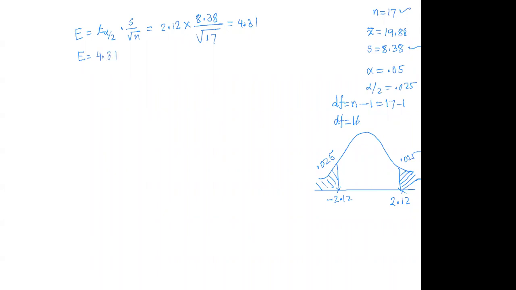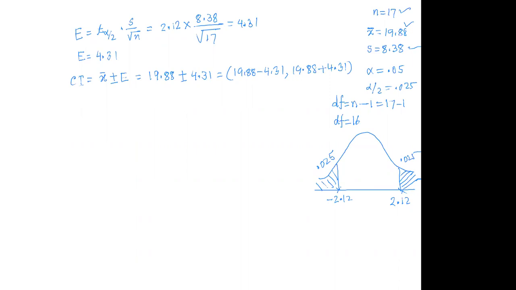So your margin of error is 4.31. Then your confidence interval is going to be equal to X bar plus or minus margin of error. X bar is 19.88 plus or minus 4.31, which is going to give you 19.88 minus 4.31, comma, 19.88 plus 4.31.